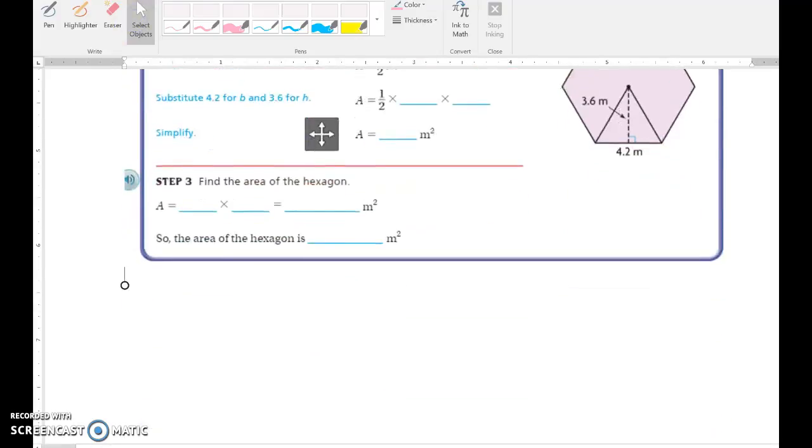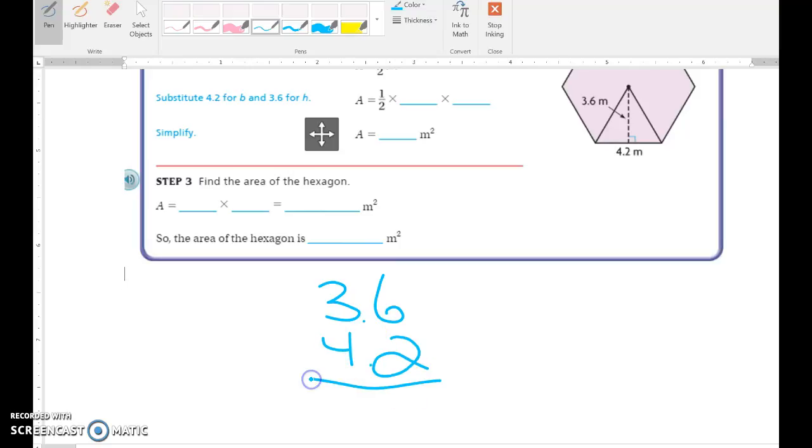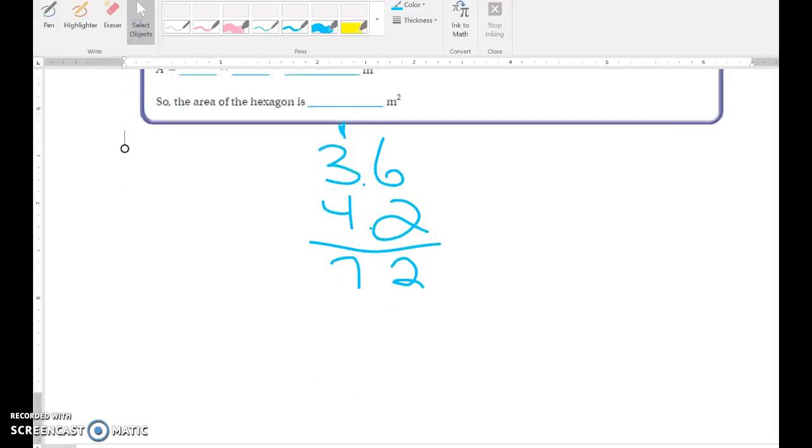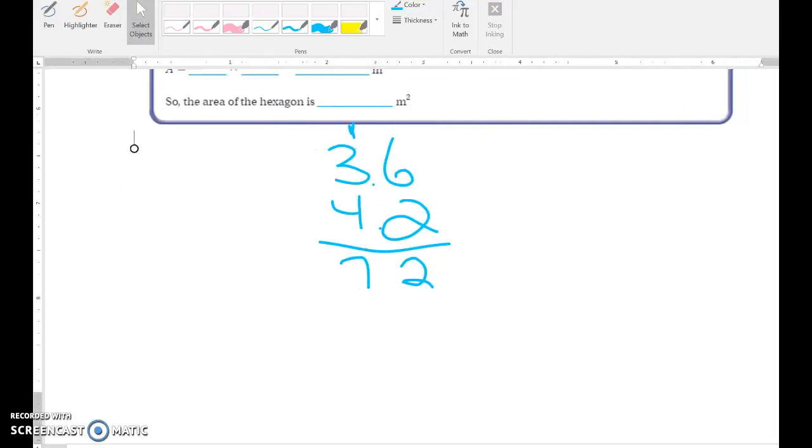And so we're going to do 3.6 times 4.2, and we're going to be so careful. I saw even on the test, some of us were still having difficulty with the decimal places. So we all know that 3 times 2 is 6, but we've carried that 1, so we've got a 7. And now don't forget our placeholder 0. That's one of the places that we make mistakes.